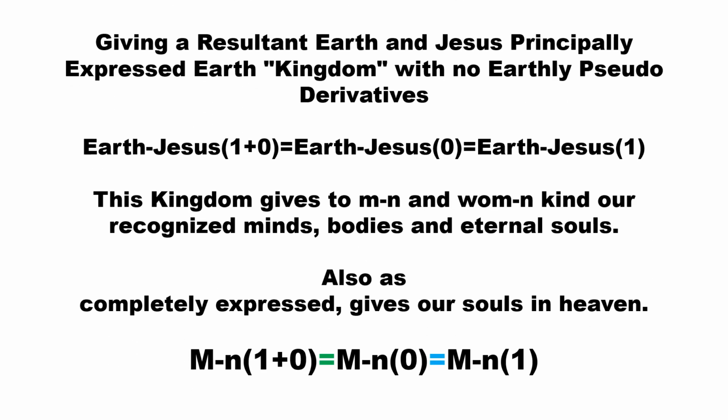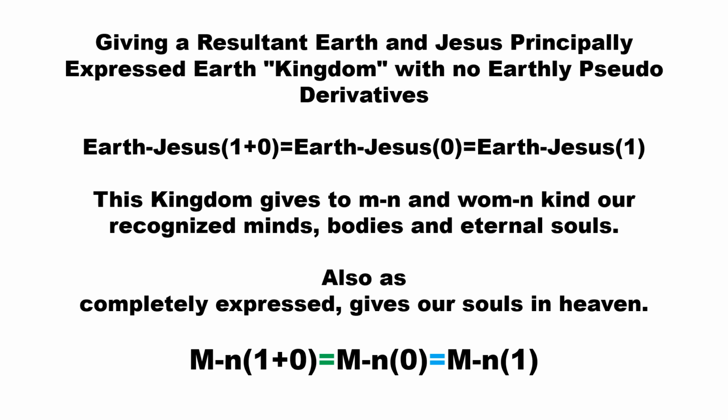The result of the expression of the prior slide, the complete system expression, pseudo and principal of Earth Jesus life, would give this expression, giving a resultant Earth and Jesus principally expressed Earth kingdom, so-called, quote unquote, with no earthly pseudo-derivatives. This is a knowledge system, principal knowledge system on Earth, as expressed by Jesus, without pseudo-derivatives of Earth Jesus as one and or zero, which would be a partial expression of Jesus, Earth Jesus.